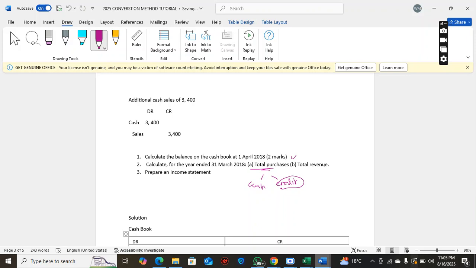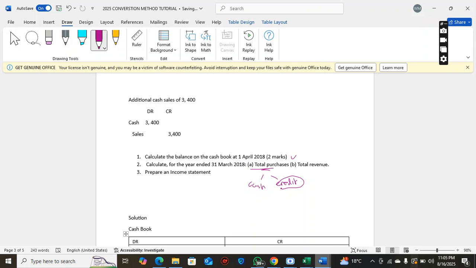Remember the payables control account, this is an account that keeps all the information of your creditors. As a business, you have a lot of creditors, so you want to compile everybody into one account. That's the purpose of these control accounts.